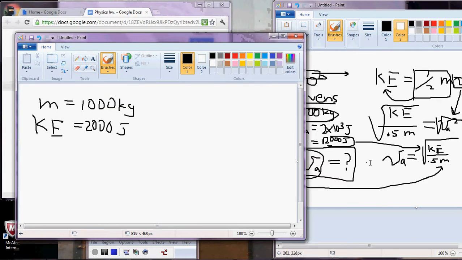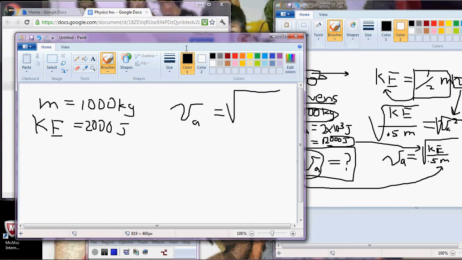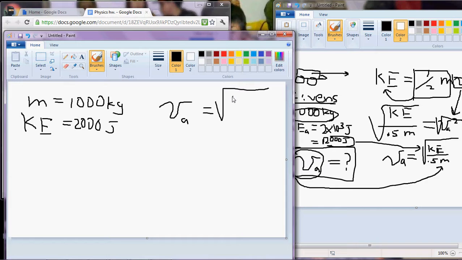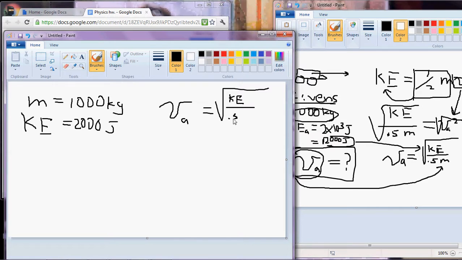And we also have this equation from the last steps: the speed of example A equals the square root of the kinetic energy divided by 0.5 m.